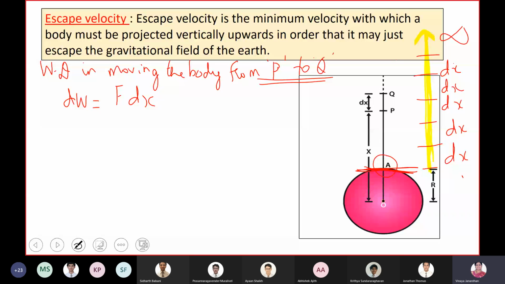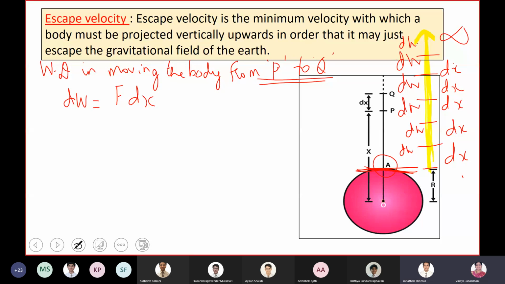Now where it has to move? It has to move to infinity. So you have to do a work against gravity. So the distance from the surface of the earth to infinity, hypothetically, I'm dividing it into a number of segments. So if the body has to move to a distance of dx, what is the work done? dW. Again, one more time, dx, dW, again. So what will be the total work? How many times should I add?